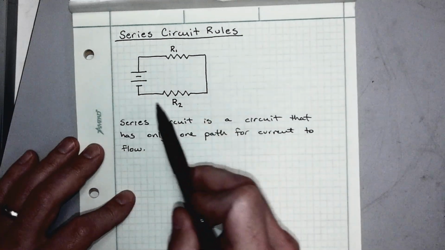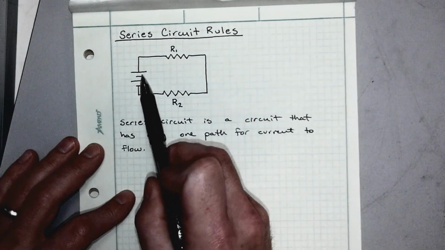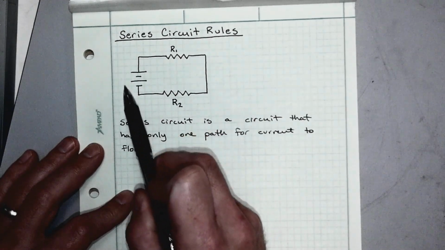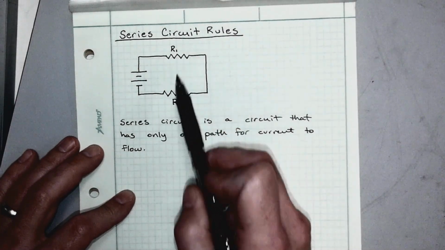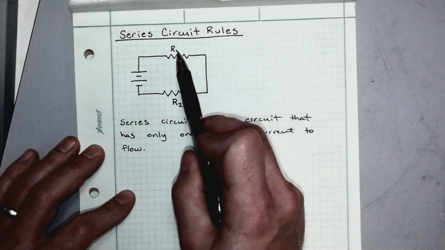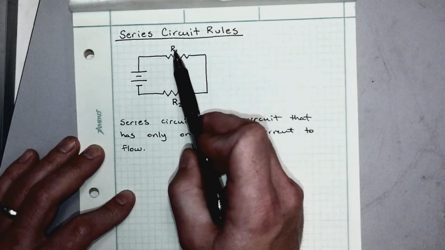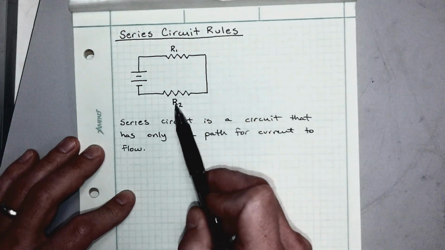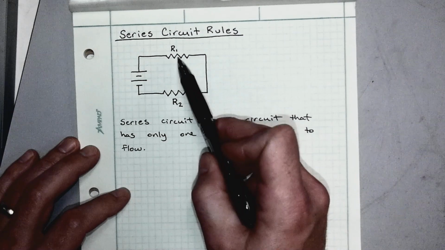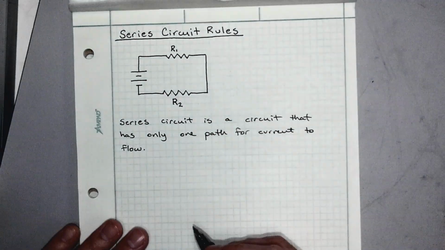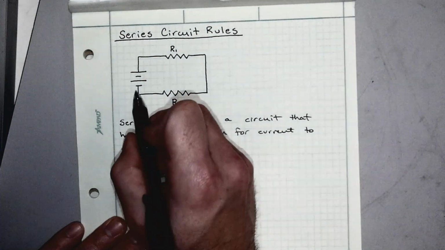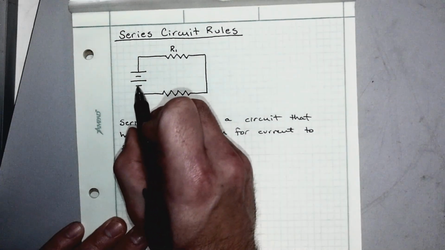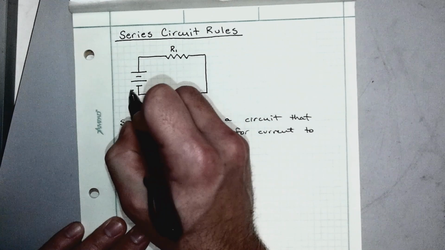And so just to orient ourselves to the circuit, this is the battery, and this is the symbology we're going to use for a battery here. These are resistors, and here we're given a variable R sub 1 and R sub 2, and so these would have two different values for these two different resistors. The way we interpret the battery is that the short line is always going to be our negative side.